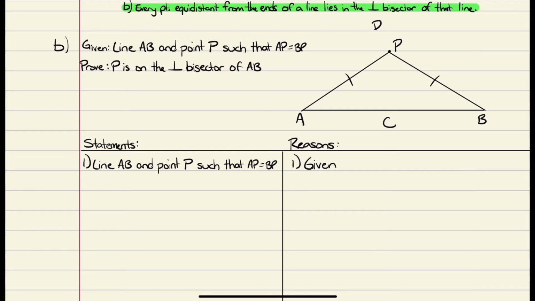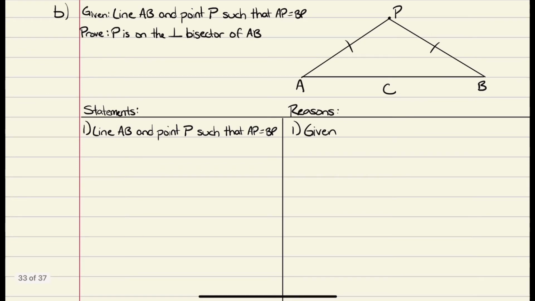AP equals BP. We're trying to prove that that point is in the perpendicular bisector. Number 1, given. Number 2, I'm going to state that we're going to draw DC through P perpendicular to AB.